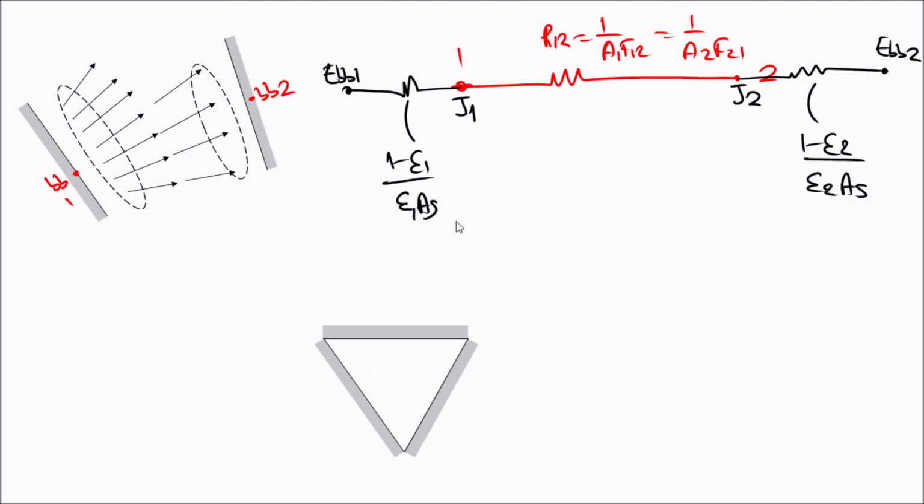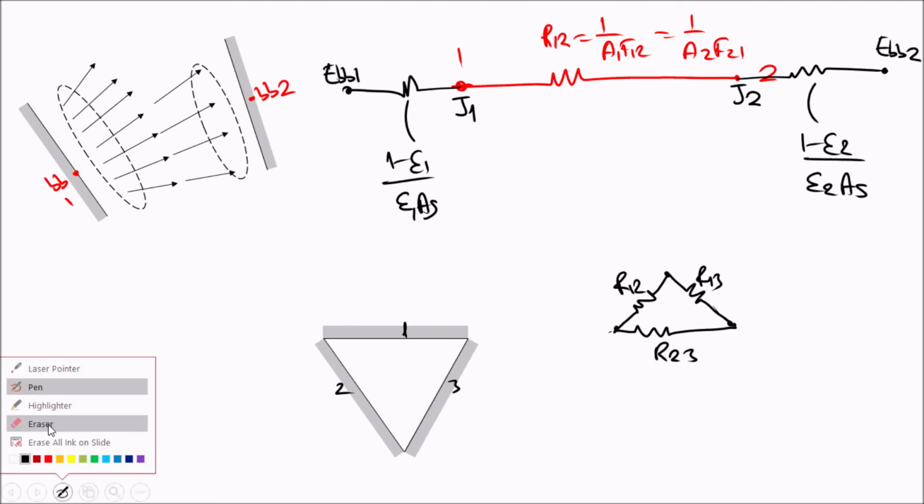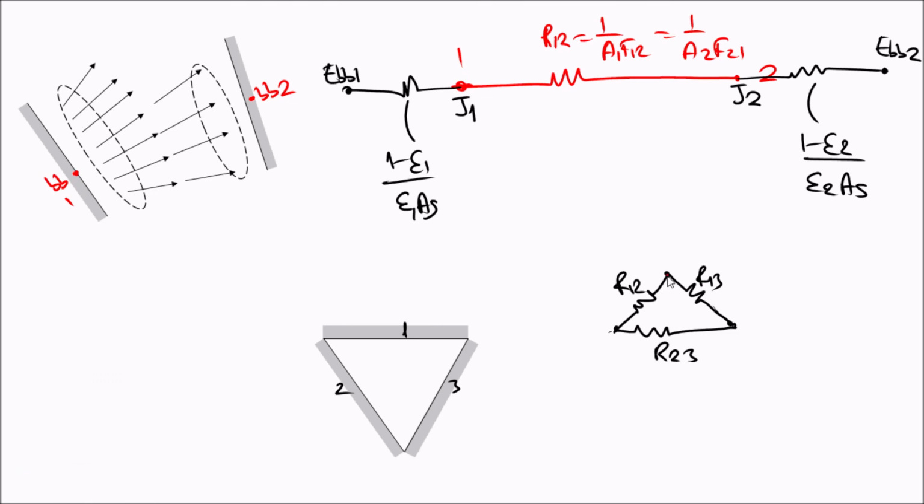Or we can have something like an enclosure, and similarly let's say this one is 1, this one is 2, and this one is 3. Between 1 and 2 you will have a space resistance, between 1 and 3 you will have again a space resistance, and between 2 and 3 you will have again a space resistance. Before that, we will have the black body or the surface resistance.